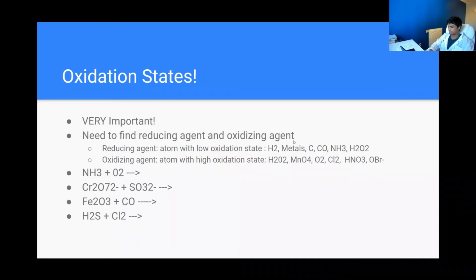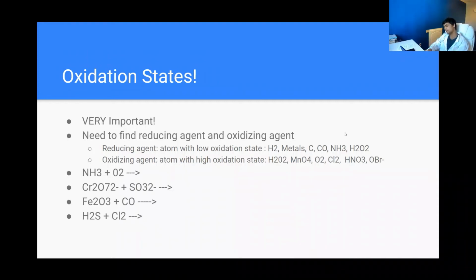But then if they become an ion, they'll become a cation. C has oxidation state 0, but you know carbon can have an oxidation state of +2 or +4. Same thing here. NH3 has an oxidation state of -3, and then it will reduce the other molecule by releasing electrons, and then the oxidation state of the reducing agent will get higher.